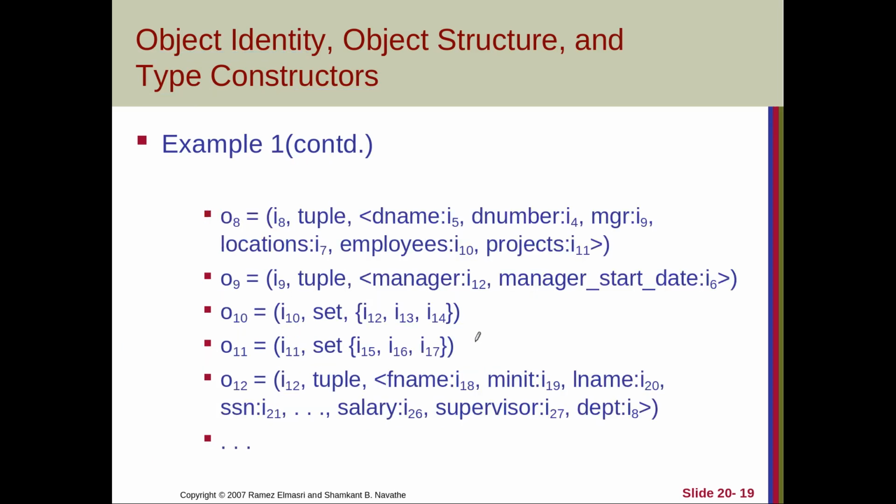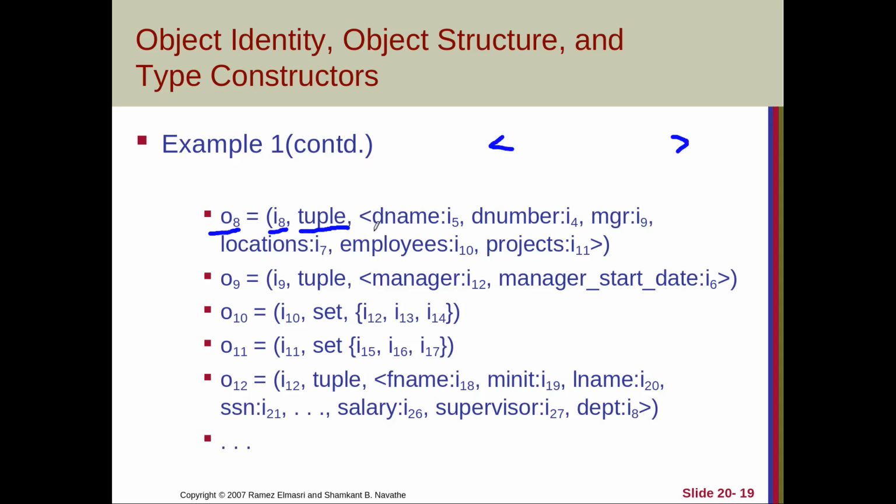Similarly, we can continue with object 8. Let's see what the features of that are. It is given an object identifier I8. Now we have taken another type constructor, which is called tuple. So object 8 is given identifier I8, which is a tuple type, meaning it is further divided. Its division can be represented between these angle brackets.